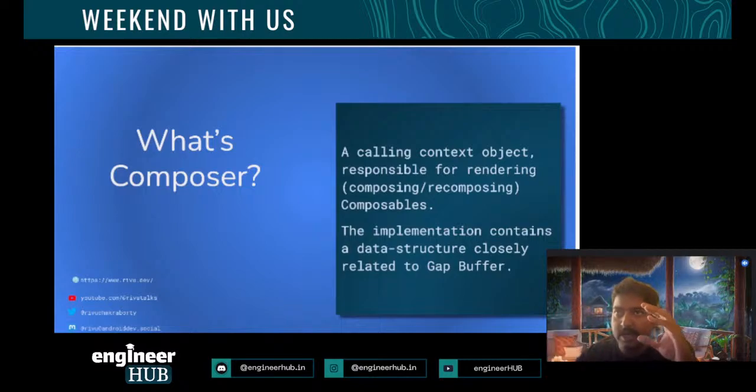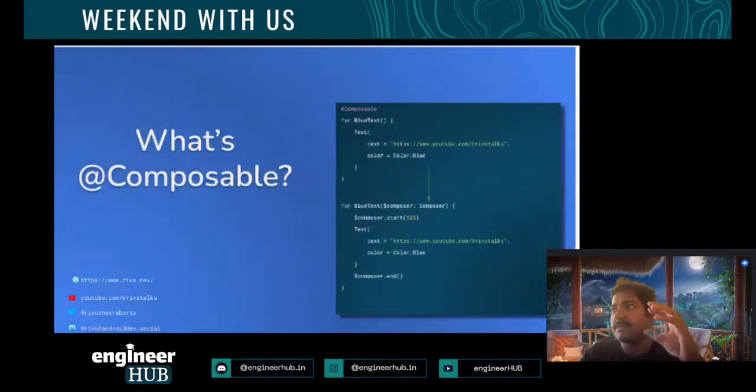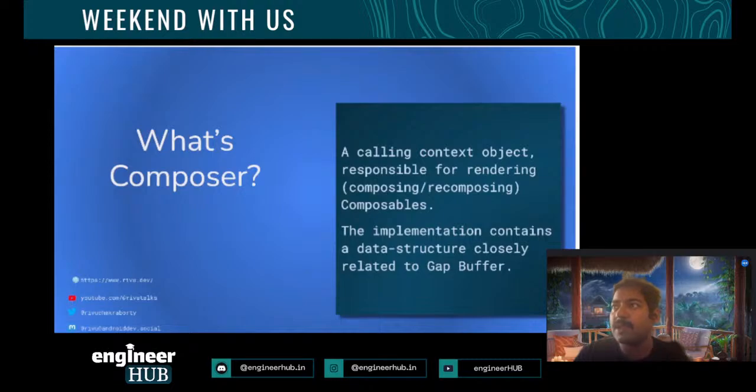So whenever this text gets stored in the gap buffer, and recomposition is needed, the composer tracks the difference, and the delta is rendered on the screen again and stored in memory.